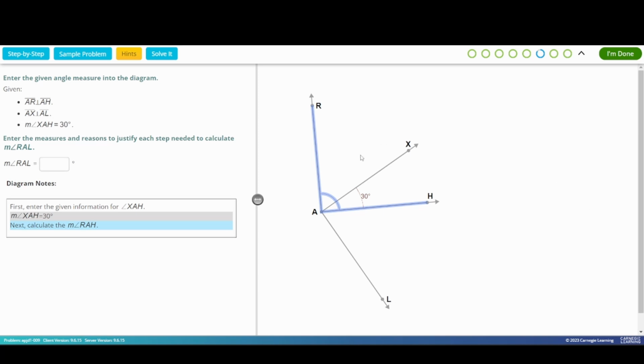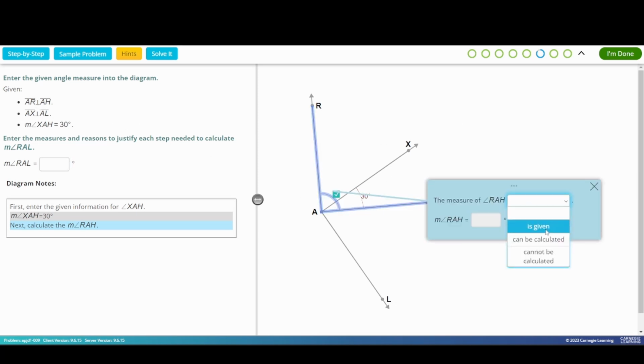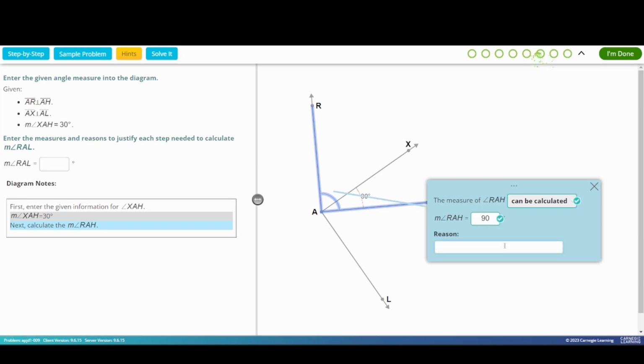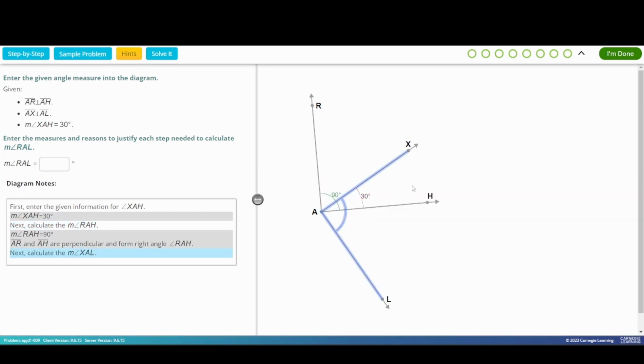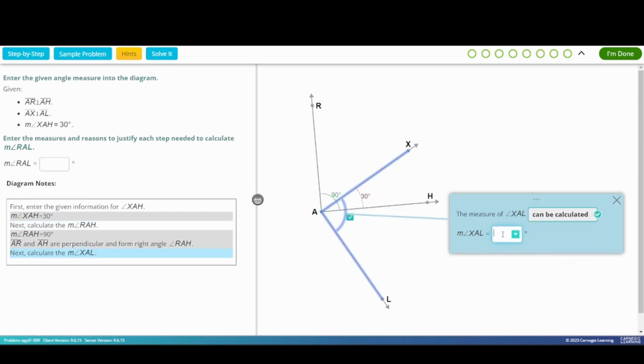All right, and then this one, what's it tell us about this? This was perpendicular over there, so we know that that can be calculated with 90 degrees because the reason is perpendicular angles. All right, and then this one, same thing. This is also going to be calculated 90 degrees as it's also perpendicular.